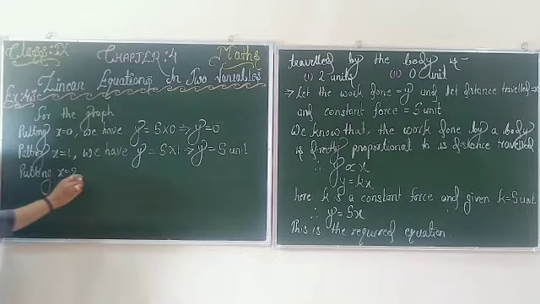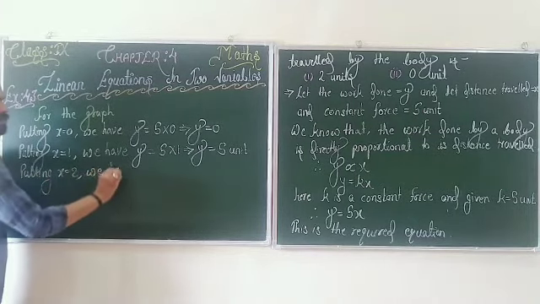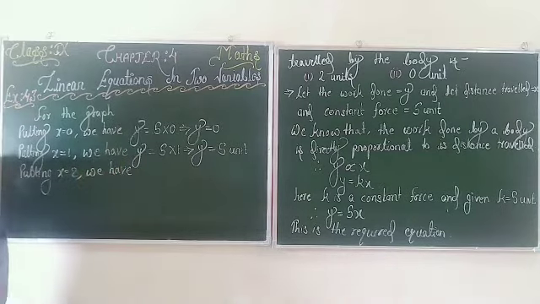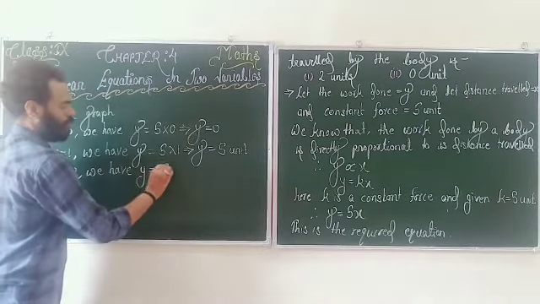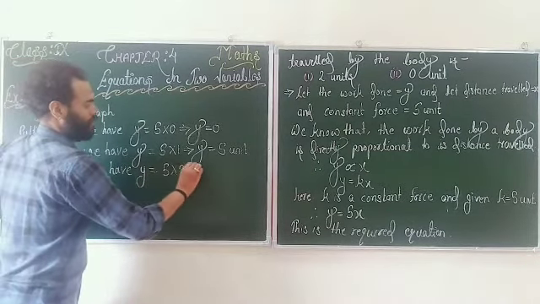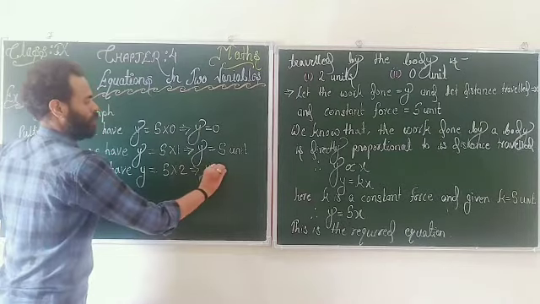If we take distance traveled 2 unit, they also ask in the question if the distance traveled by the body is 2 unit, then how much work is done? So the work done is 5 into 2, that is 10 unit. So y is equal to 10.